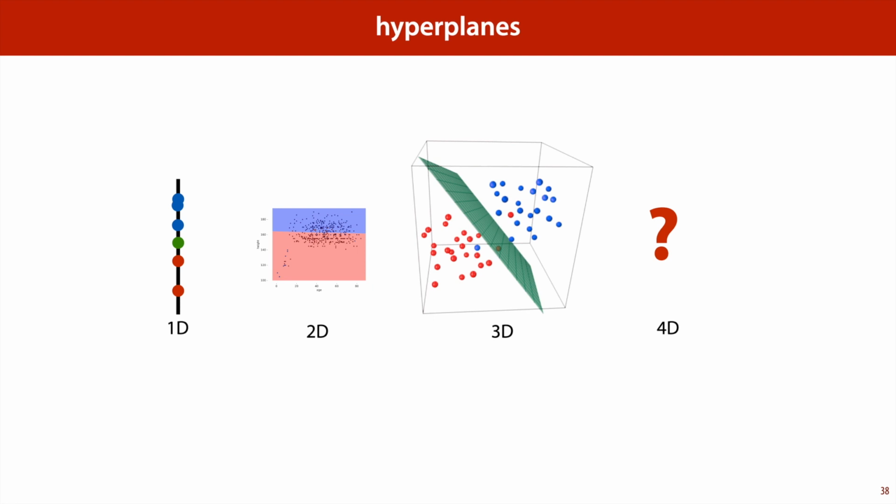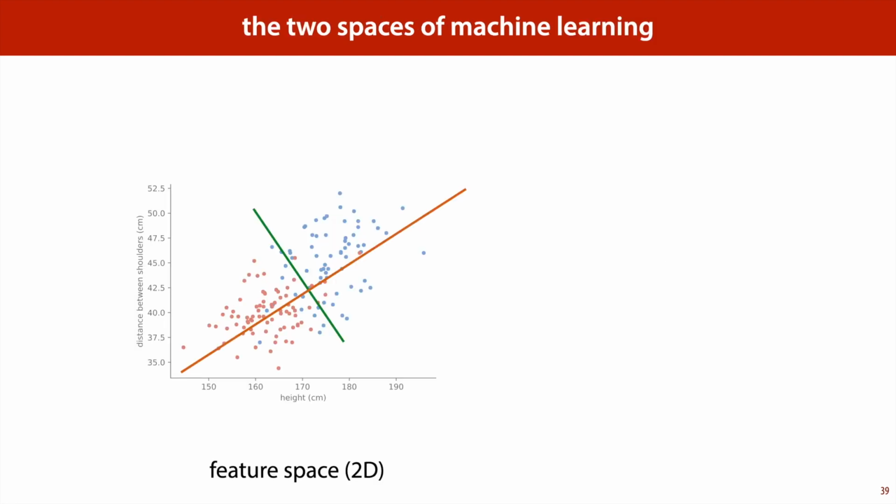So now that we have a model, namely a line, the next question is, which line should we draw? So the space we've visualized so far with these features on the axis is what we call the feature space. And this particular model forms a line in that feature space. But the line we've drawn, the green one, is not the only line we can draw.